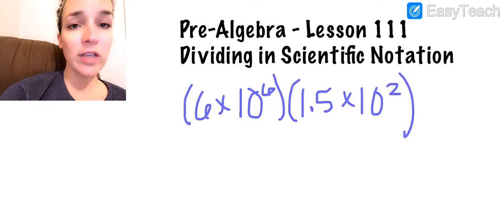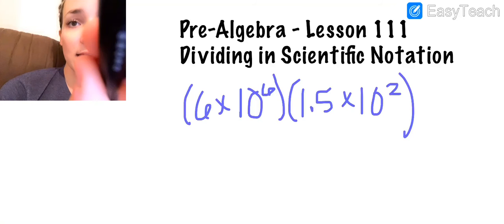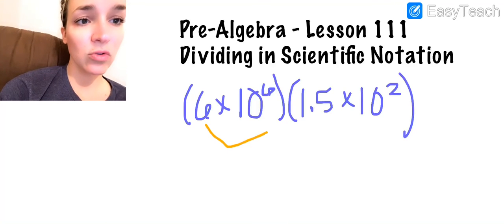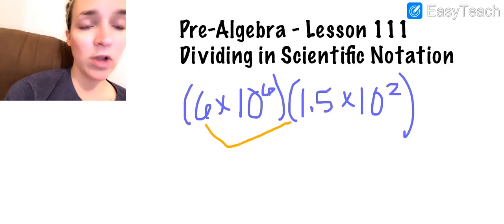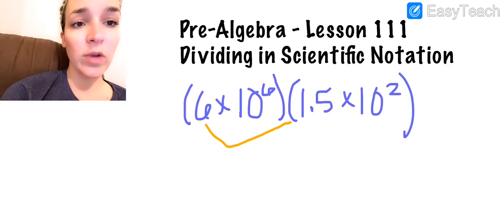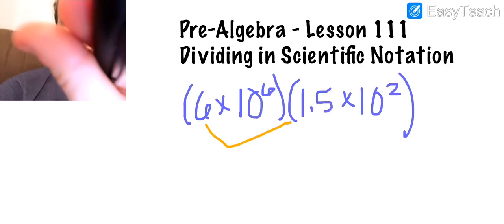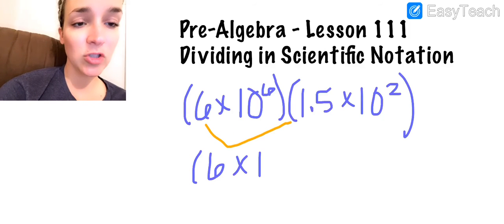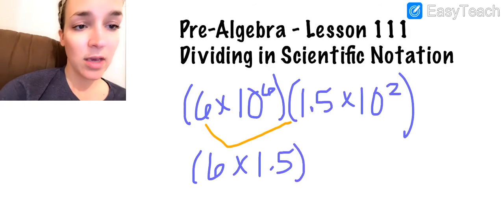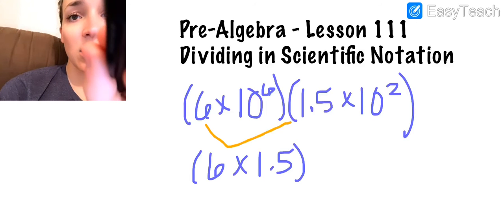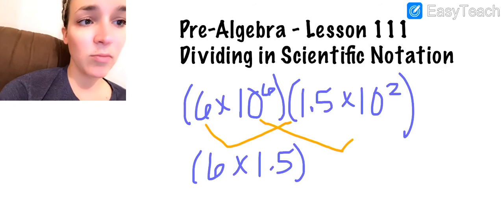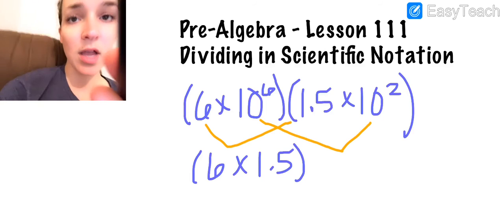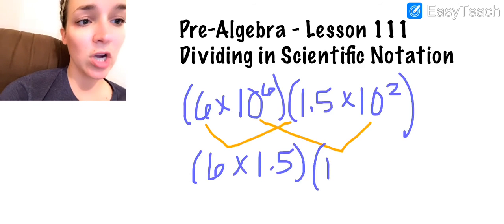We are going to take the 6 and the 1.5 and group them together in one parentheses, so we're multiplying the 6 times the 1.5. Then we separately group the 10 to the 6th power and the 10 to the 2nd power in their own parentheses.